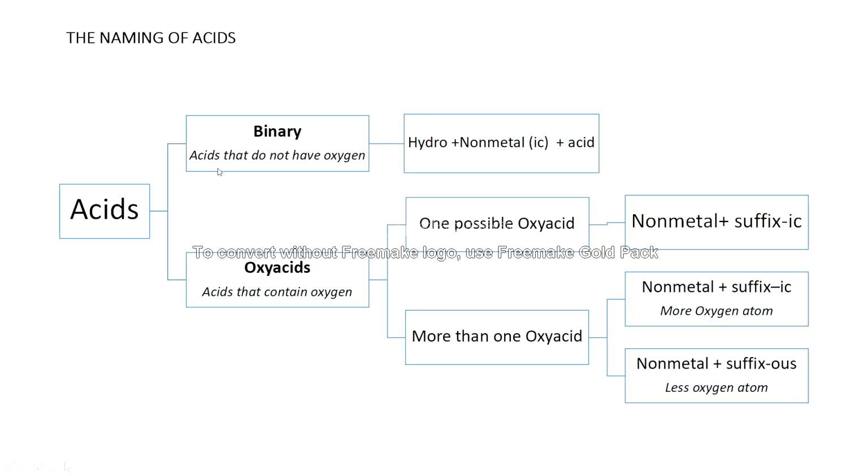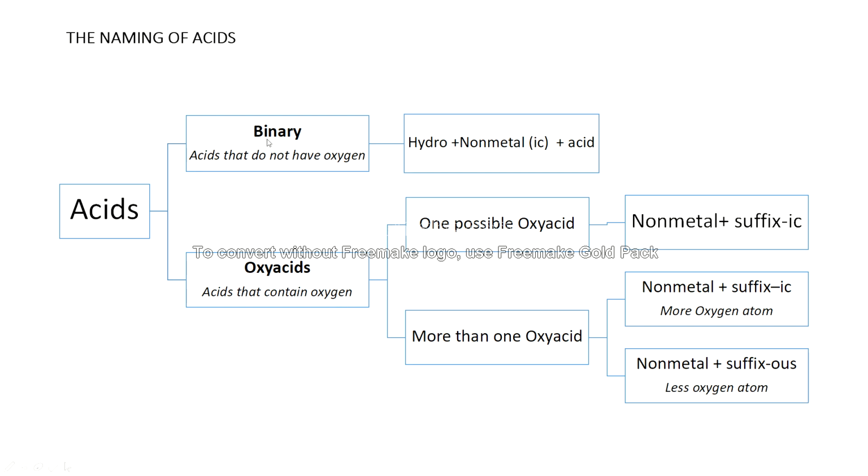When we are naming an acid, we need to pay attention to the type of acid in front of us, whether it's a binary acid or an oxyacid. Binary acids are acids that do not have oxygen, and oxyacids are acids that contain oxygen.